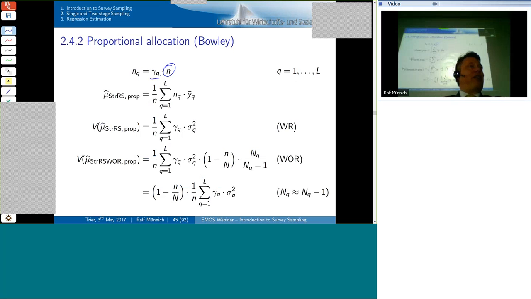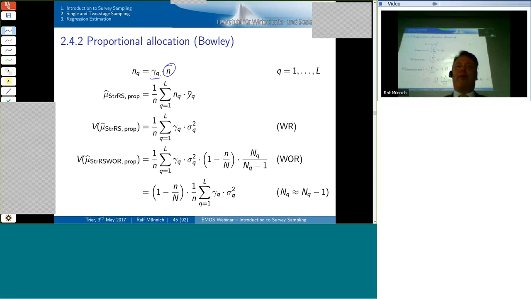That's the big disadvantage. It can be good, it can be bad. You have no idea unless you have more information. With proportional allocation, you can at least say it's never worse than simple random sampling. So we at least get something which is as good as simple random sampling or better, and in many cases it is better. So that's the very nice thing.